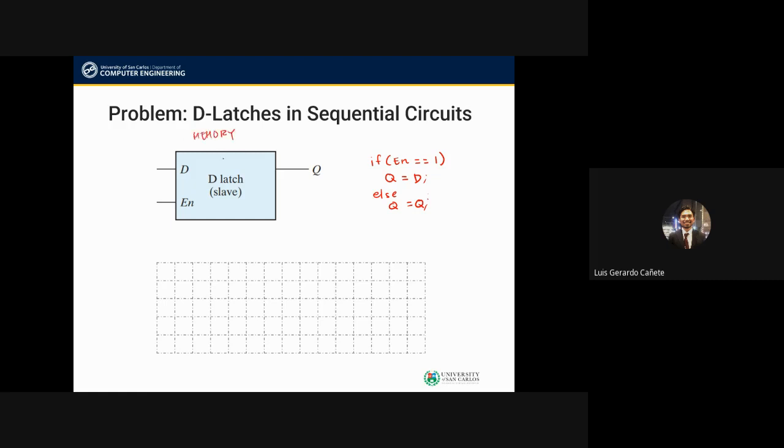This is memory. So if you say that your computer has 1 gigabyte of memory, what you're essentially saying is that your computer has 8 billion D latches inside, right?